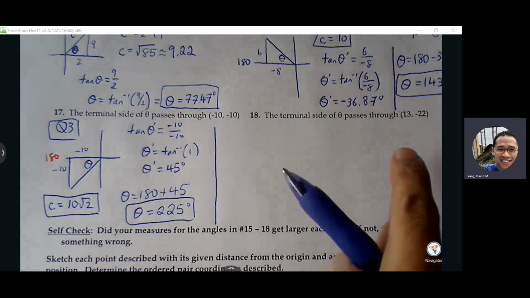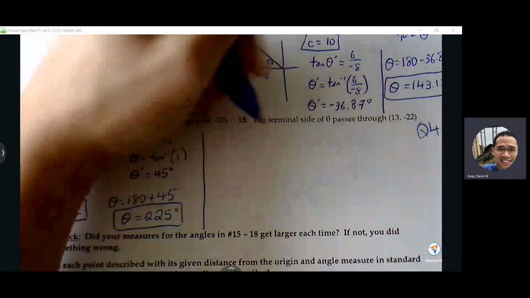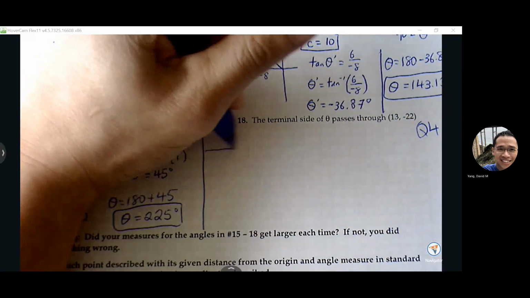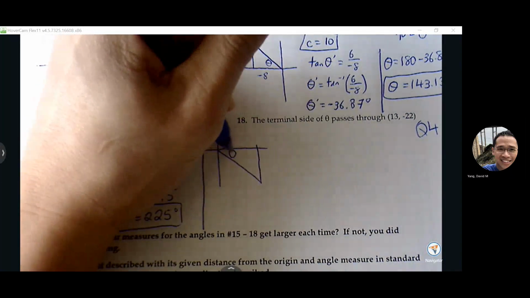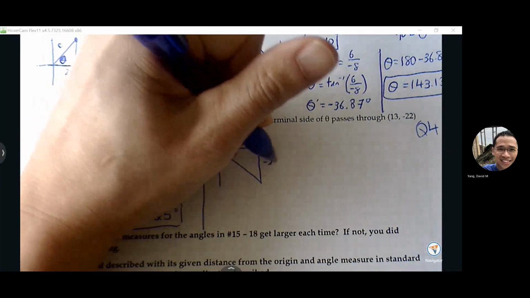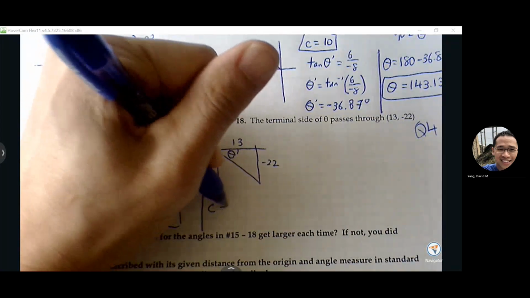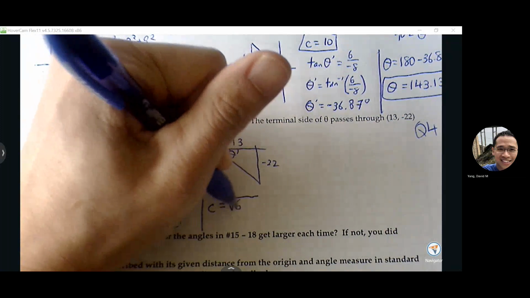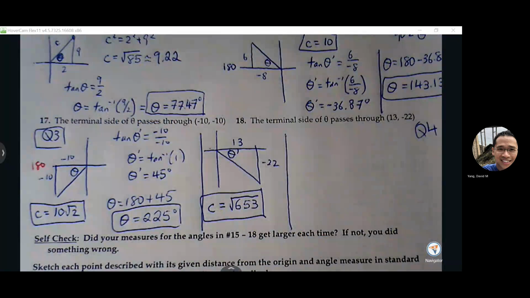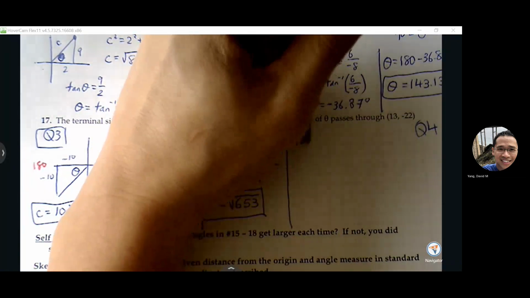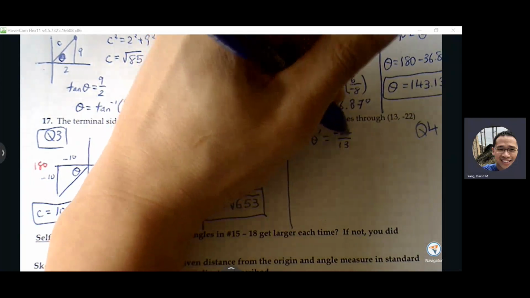Okay, 13, -22, which quadrant? Yep. So for the C value, you don't have to put it in decimal form at all.